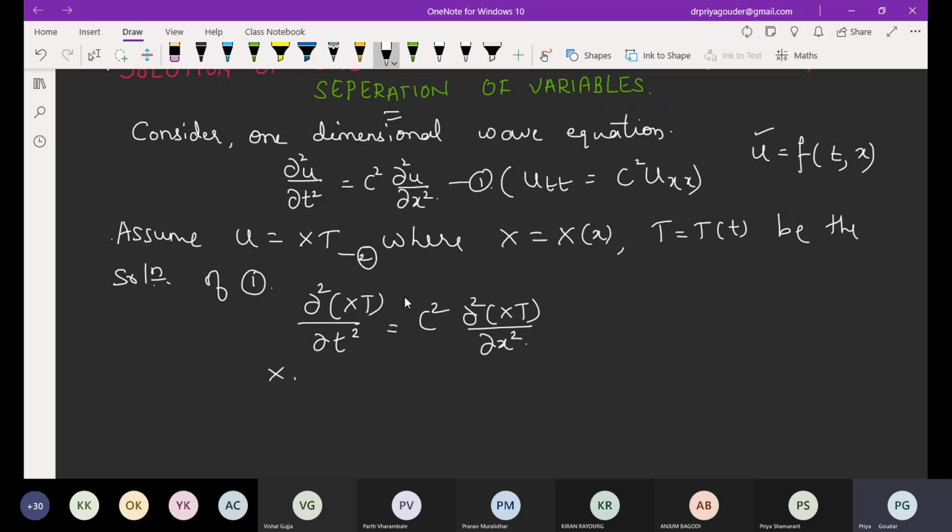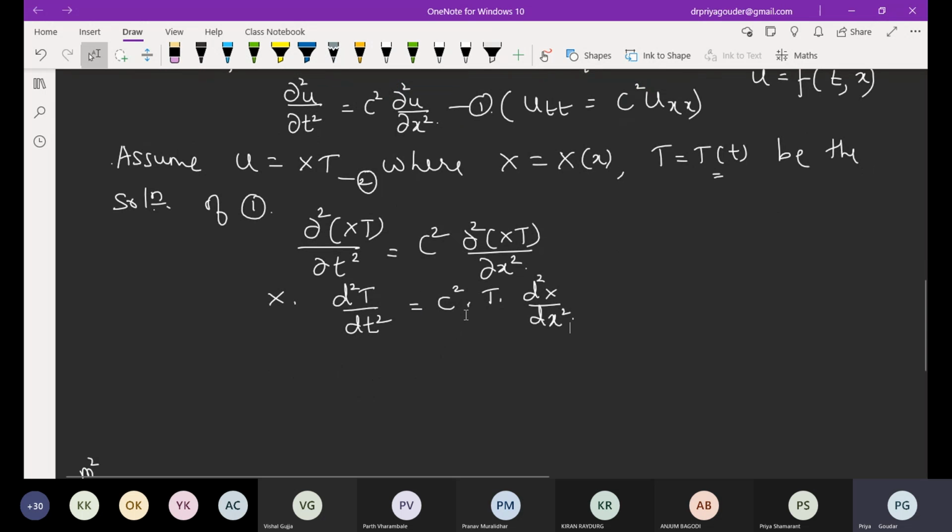Now T is a function of one variable, so ∂ is nothing but d. So this is X d²T/dt² = c². With respect to x, T is constant and comes out, and remaining is d²X/dx².